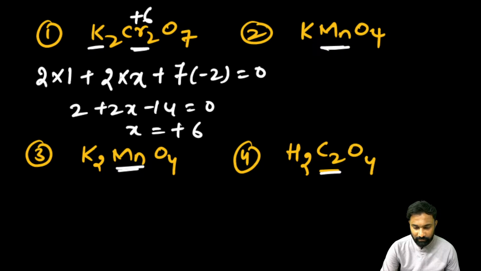My dear friends, tell me. Now in the first case, good, Vaishnavi, good. In the first case, the oxidation number is 6. Okay, fine. In the second one, what is the oxidation number?